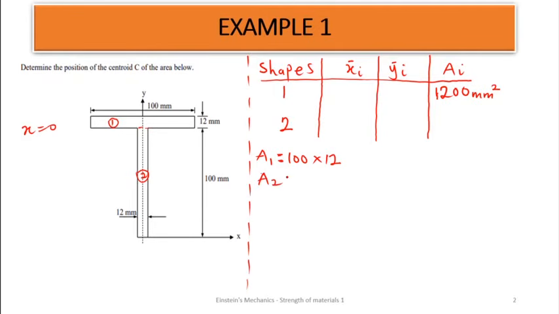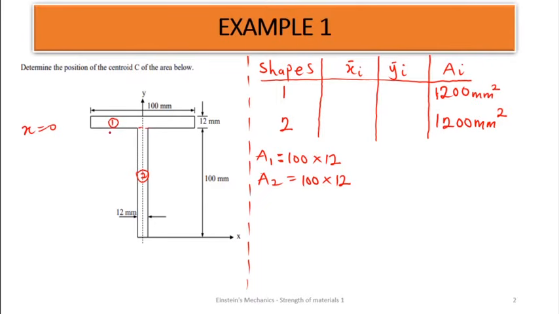Area 2 is also having the length of 12 and the width of what? 100, the same measurement. So that is also going to be 100 multiplying 12, and it is also going to give me 1200 millimeter square.